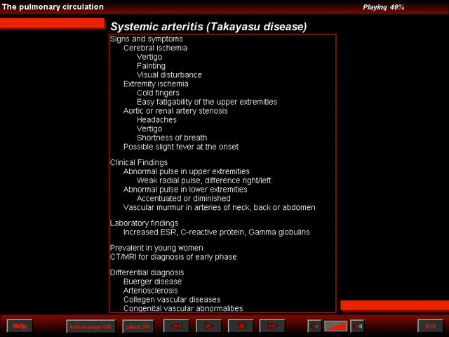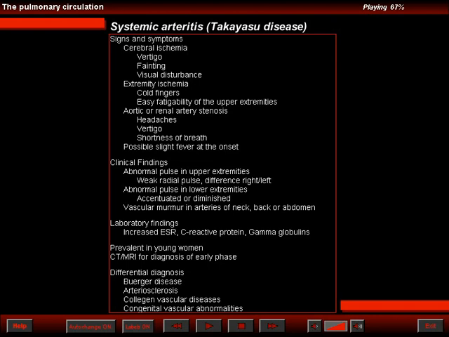Other findings are vascular murmurs heard in the arteries of the neck, in the back, or in the abdomen. There are a number of ophthalmological abnormalities that usually reflect ischemia to the retina. A number of laboratory findings have been described, such as elevated sed rate, a positive C-reactive protein test, and increased serum gamma globulin levels.